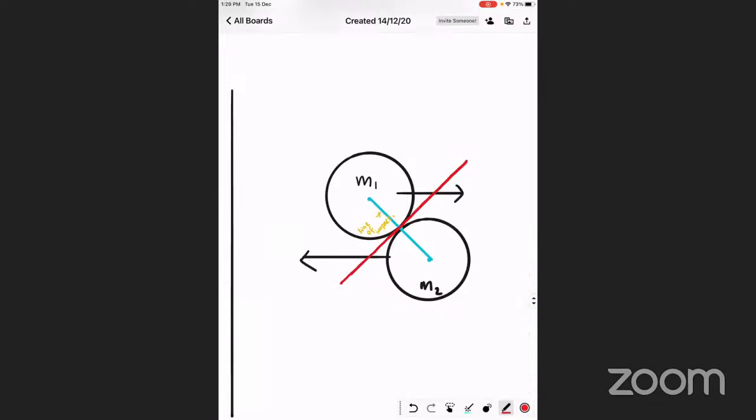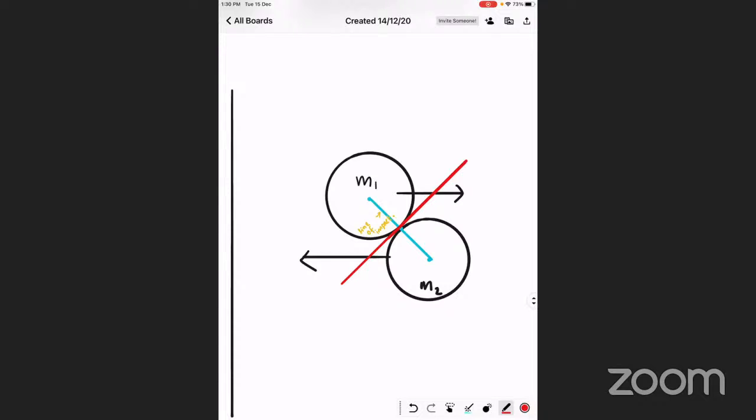Now if I say the momentum of M1 and M2 is individually conserved along the red line, am I right or wrong? See, there is no force along the red line. Do you agree? The surfaces of both spheres are completely smooth. Not even an internal force, because the internal force is along the line of impact.